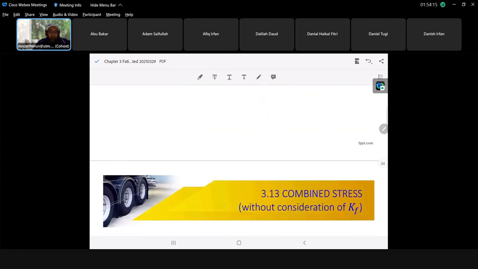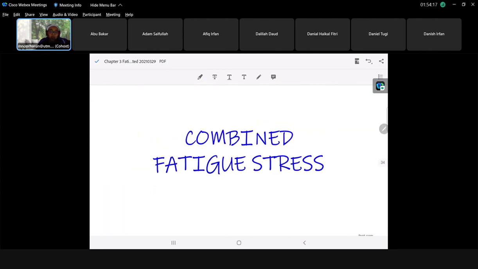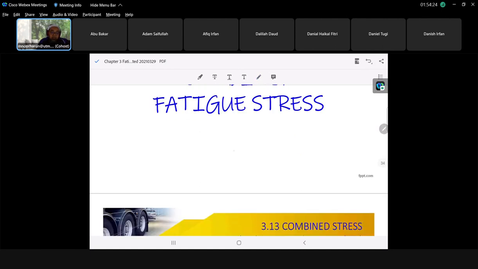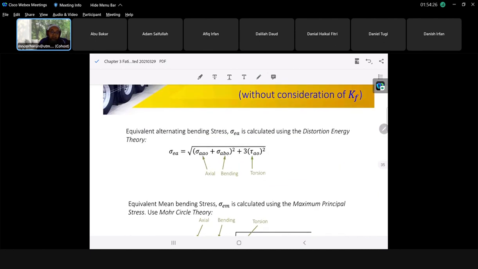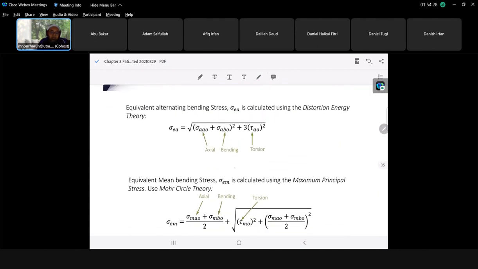Sebelum kita ada combine. Combine maksud dia kita ada mean stress. Biasa ni lah kita ada axial, bending, torsion. So how could we combine all these? The combination of all the stress, we call it equivalent.